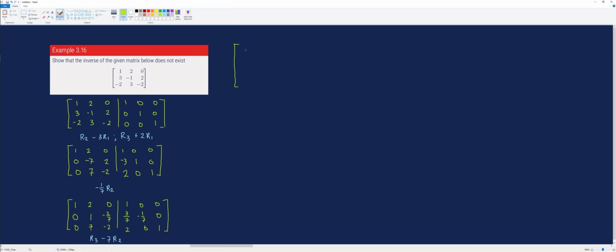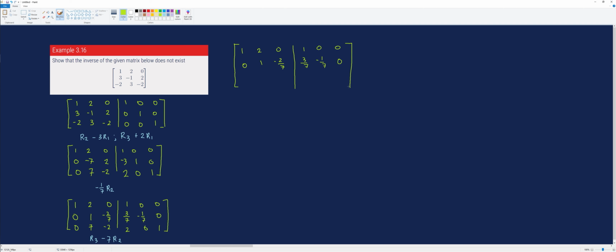So for row 1, we will not do anything. That is 1, 2, 0, 1, 0, 0. Here, this is 0, 1, negative 2 over 7, 3 over 7, negative 1 over 7.